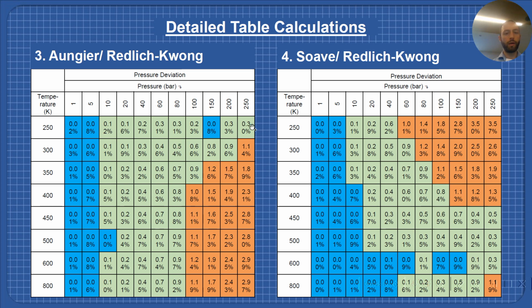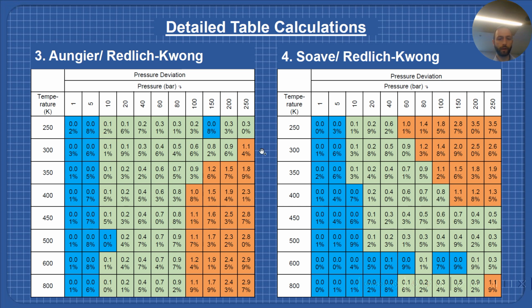If you want to design or study a phenomenon in the low temperature, high pressure area, you will use the first. Or if you want to work in high temperature, high pressure, you will choose the Soave-Redlich-Kwong.